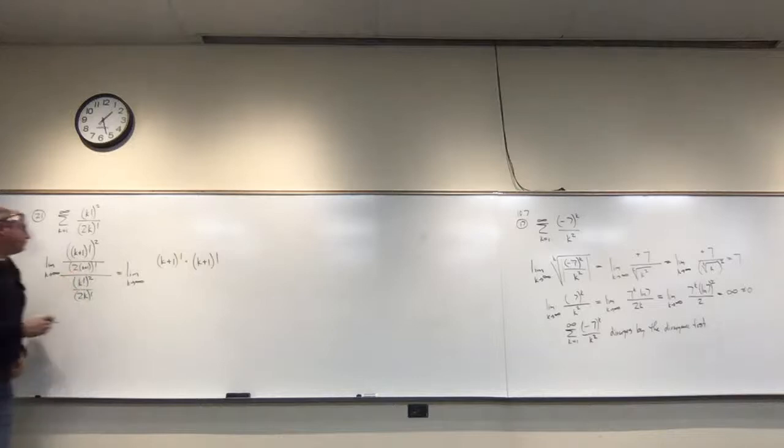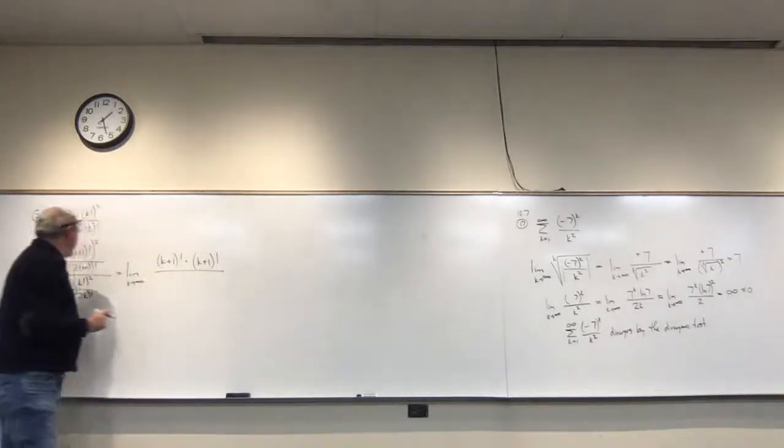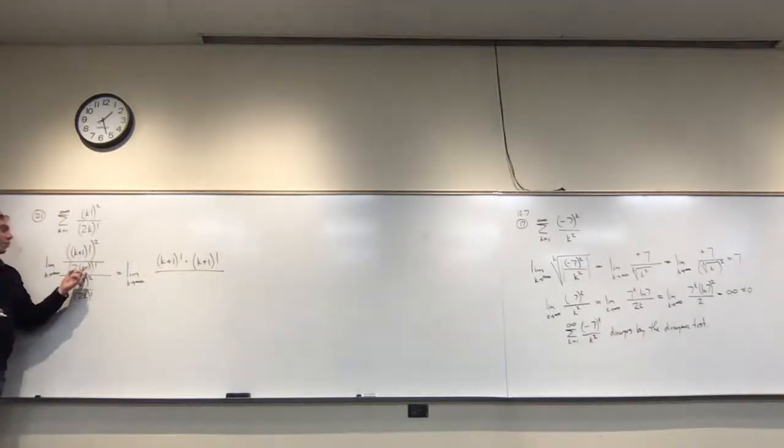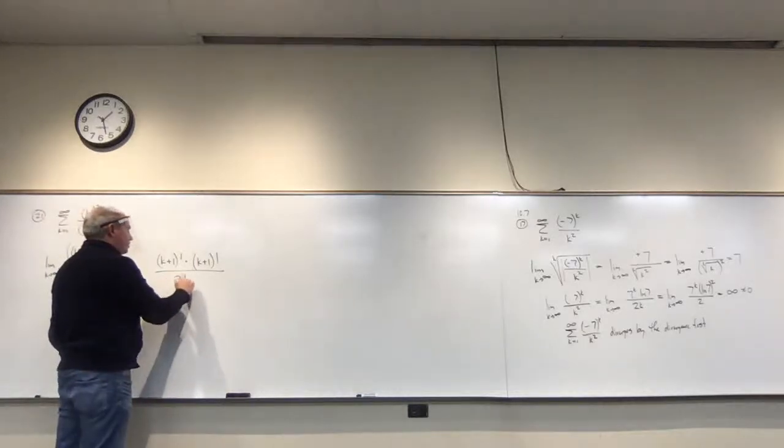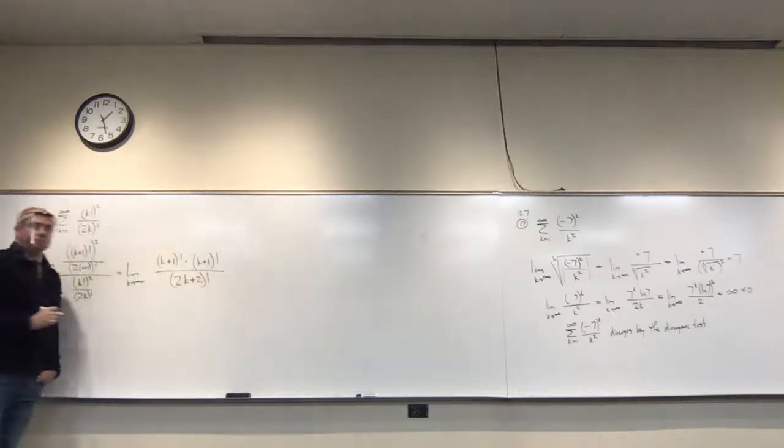And on the bottom, I have 2 times k plus 1 quantity factorial. Another way of writing 2 times k plus 1 is 2k plus 2, and I think that will be helpful to us. So I'm going to write 2k plus 2 quantity factorial.